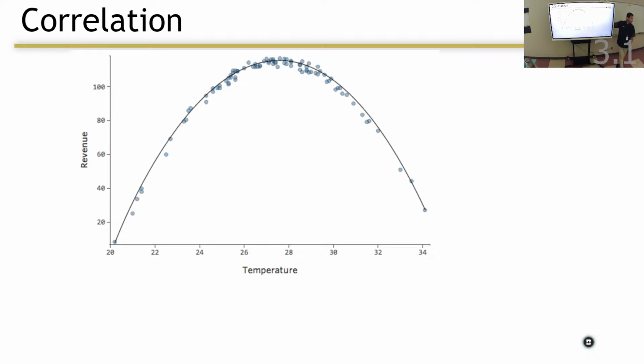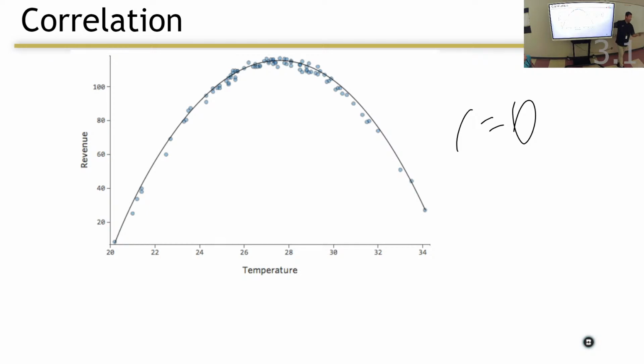Y'all good with this? Any idea what you think R is? Zero. Because there's a horrible linear relationship. Okay with that? Does that mean there's no correlation?